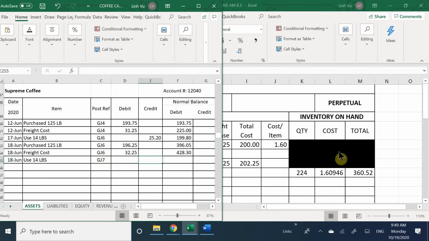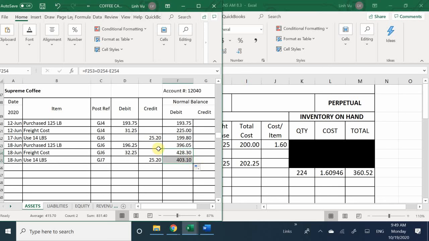And how much am I going to credit my account for? 25.20, bringing me a grand total in my normal balance to be 423.10.